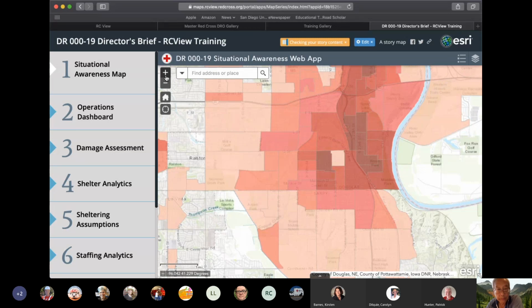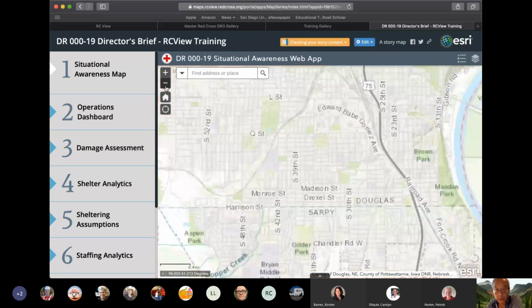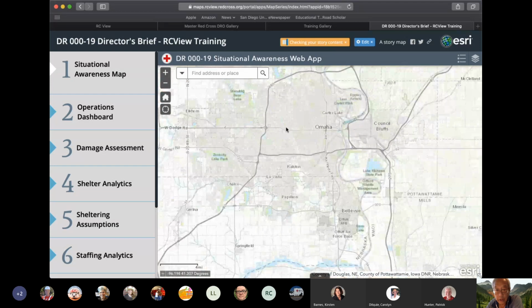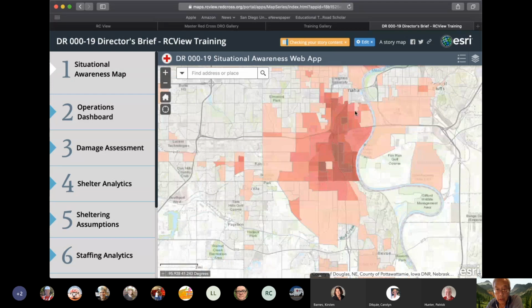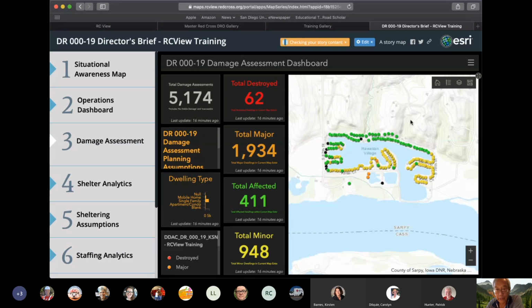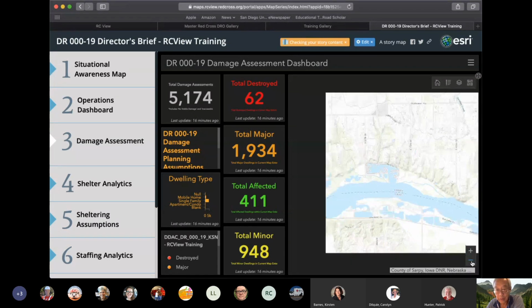Let me zoom in. So it's kind of in this part of Omaha. Go to my damage assessment piece back over here. Now, if I had set up this demonstration correctly, I would have brought in this damage assessment as a layer up to the situation awareness map, so I wouldn't have to do this by eyeballing it.